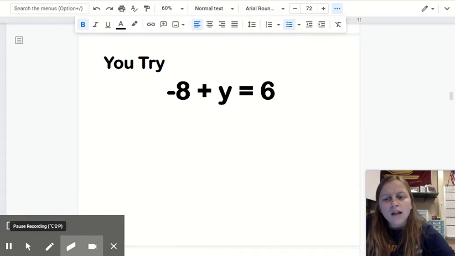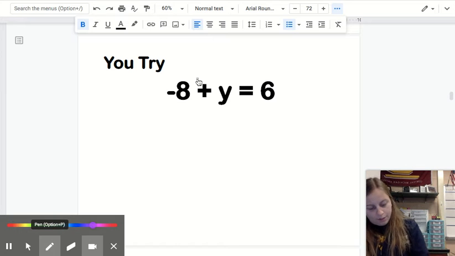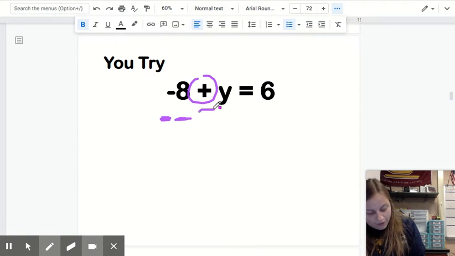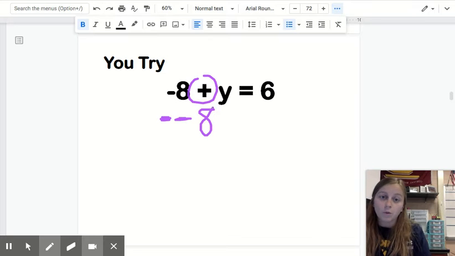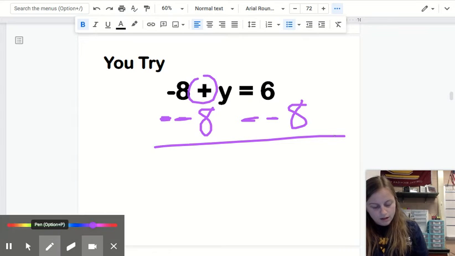All right, so first I see that I'm adding a number here. That's the type of math. To get rid of adding, I know I'm going to subtract. Well, I'm adding a negative 8, so to get rid of adding negative 8, I subtract negative 8. If I do it to one side, I've got to do it to the other side of the equals. Subtract negative 8.